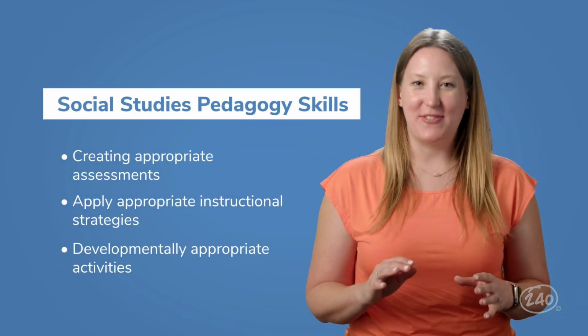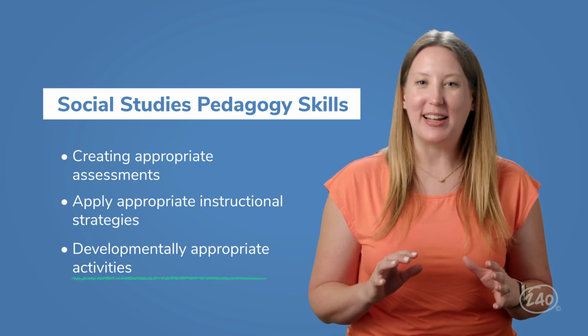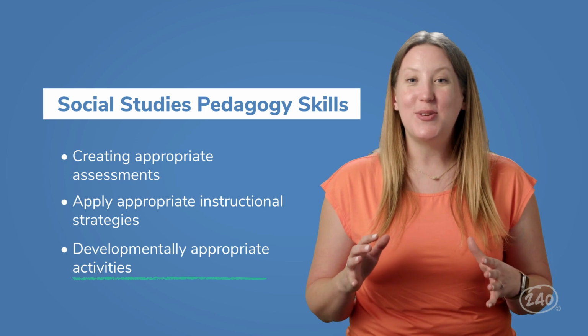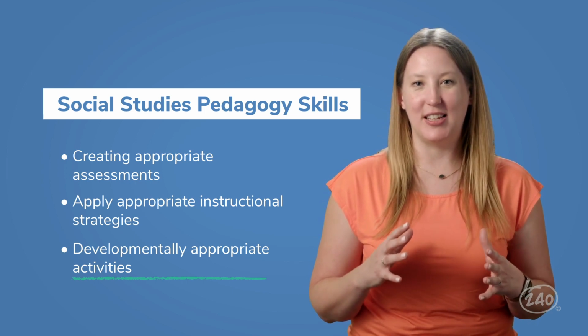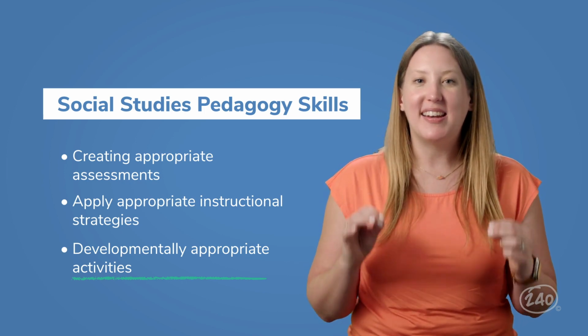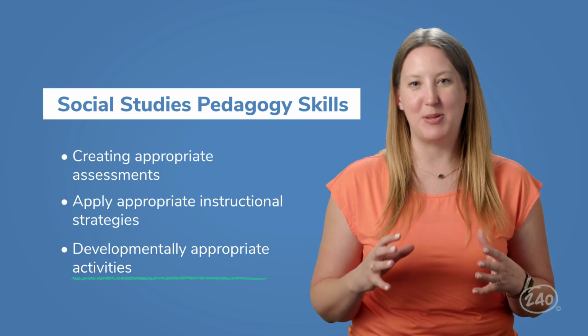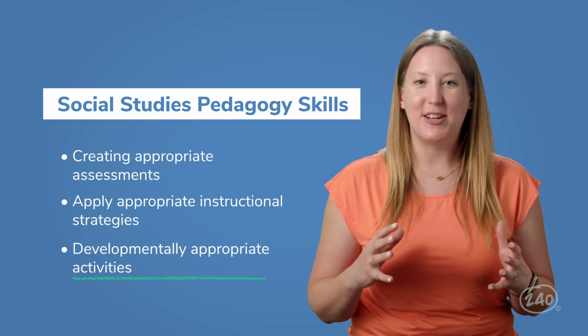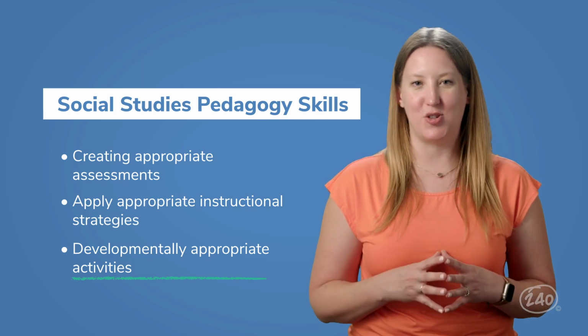Okay, moving on. In addition to social science facts, developmental appropriateness will be the key to the pedagogy-focused questions. You will need to identify instructional activities for young students that provide concrete examples of concepts being taught, and be able to identify age-appropriate materials and methods to support that instruction.